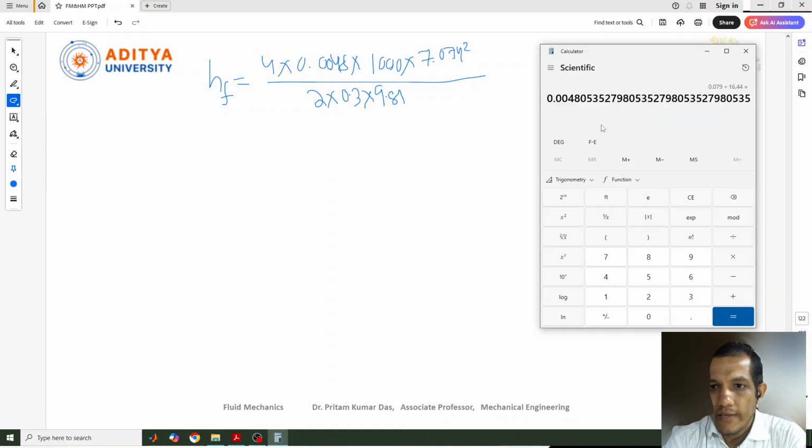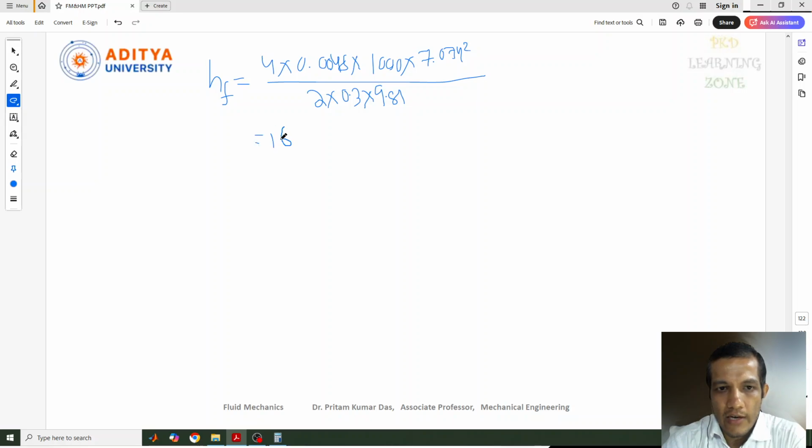So again we need to calculate this: 0.0048 multiplied by 4, by 1000, and by 7.074 twice, divided by the whole of 2 into 0.3 into 9.81. We get 163.64. So the head loss due to friction is 163.64 meters.